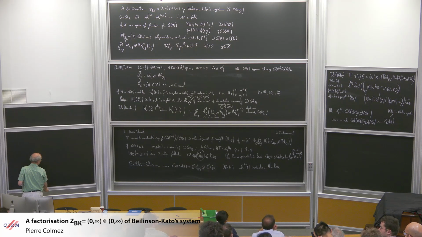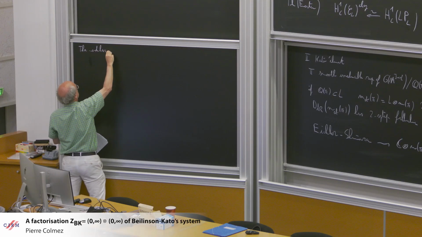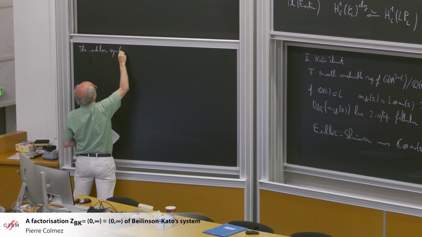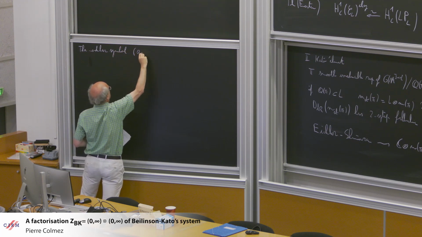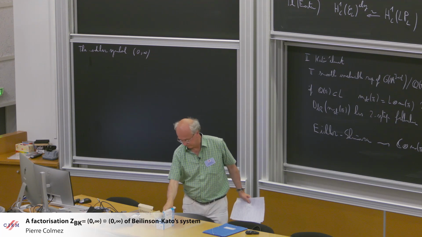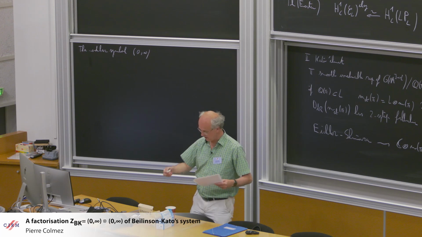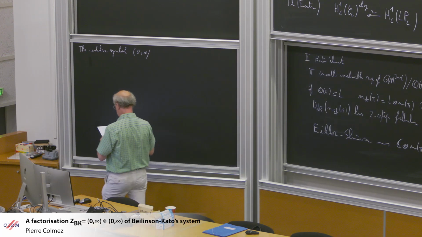So z_{0,∞} is a modular symbol. And so how is it defined?